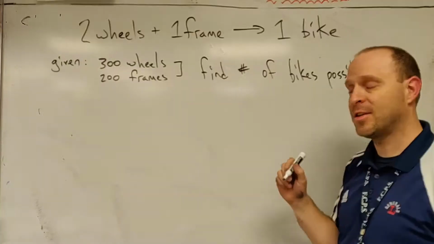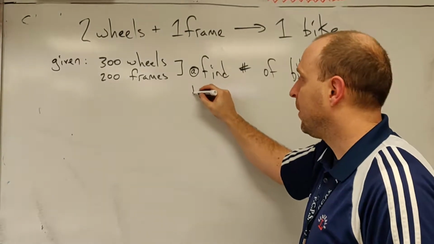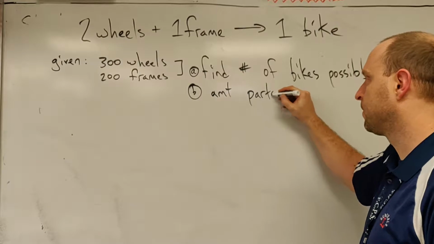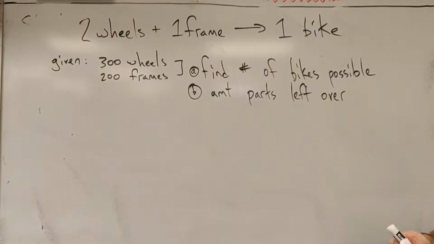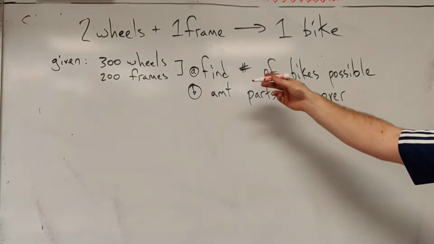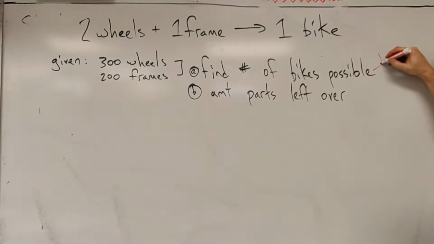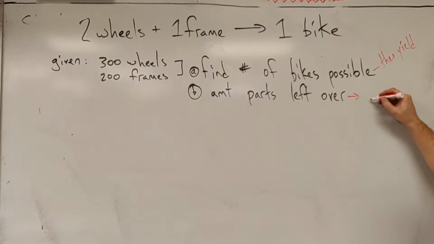And then we can ask a secondary question: the amount in excess, the amount of parts left over. These two terms are vocabulary terms of interest. The number of bikes possible is going to be our theoretical yield, and the amount of parts left over is going to be our amount excess.